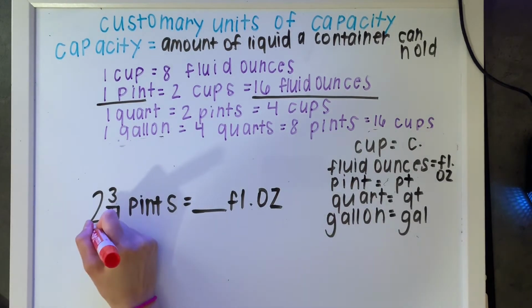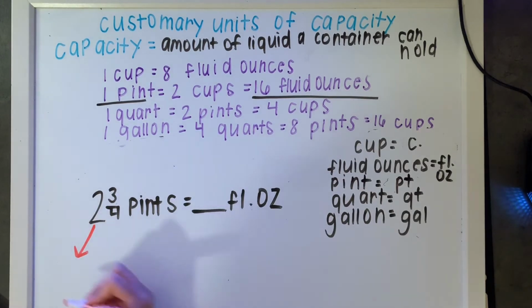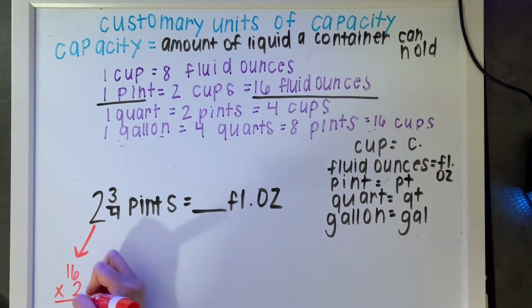then 2 pints would be 16 times 2 pints equals 32 fluid ounces. And then I would also need to find this 3/4.